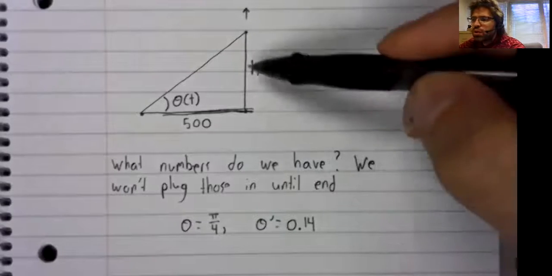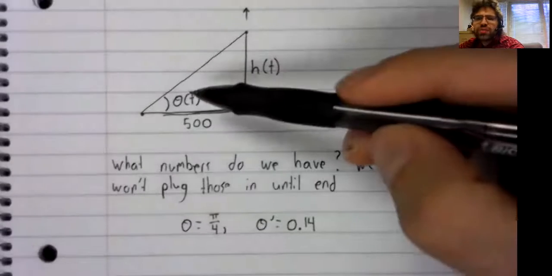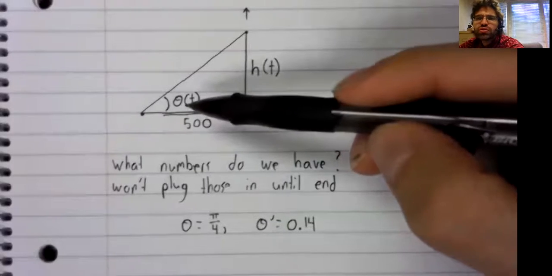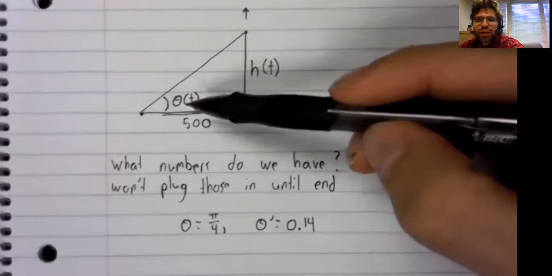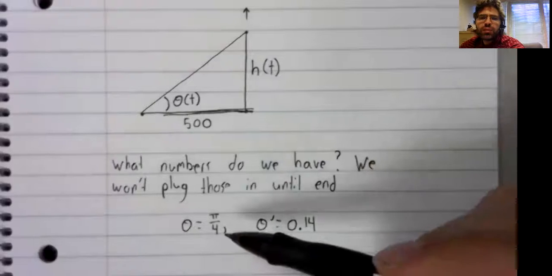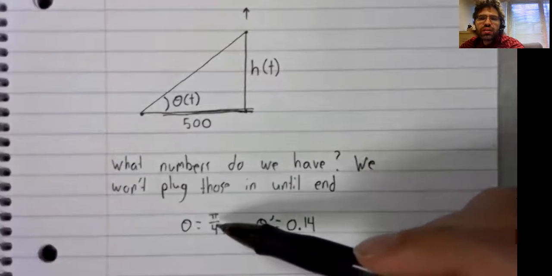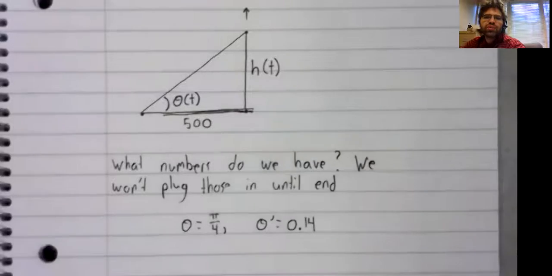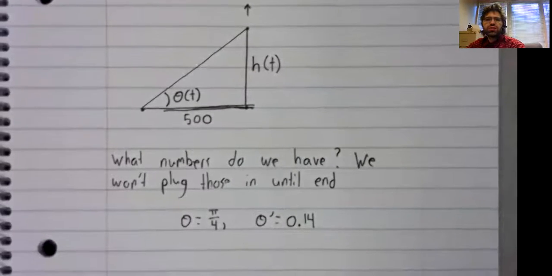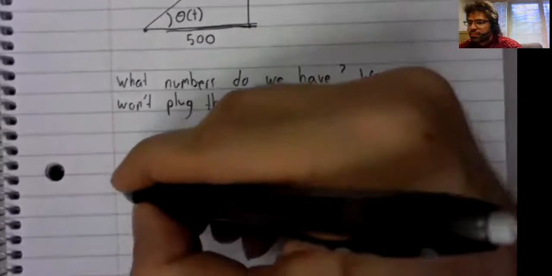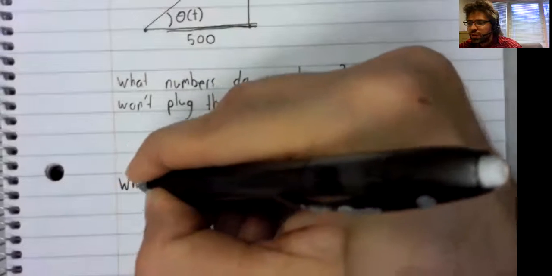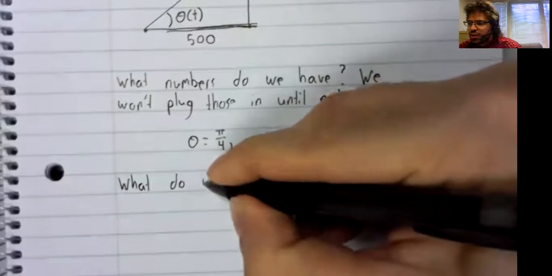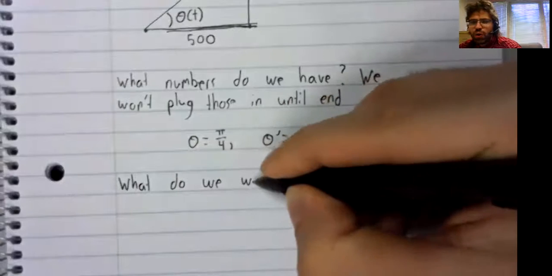For now, the balloon is rising. This angle is a variable that's changing with time. It would be a mistake to look at this equality and treat the angle as a constant. What do we want?